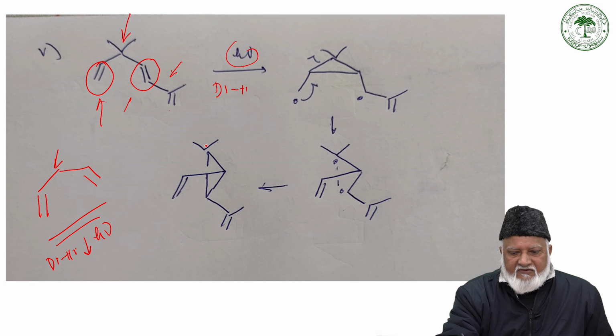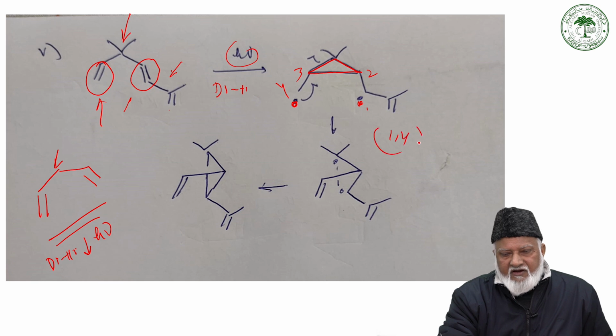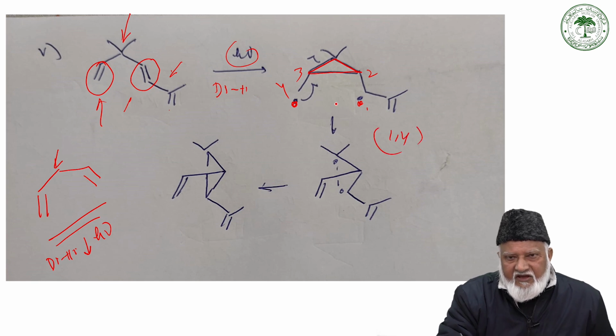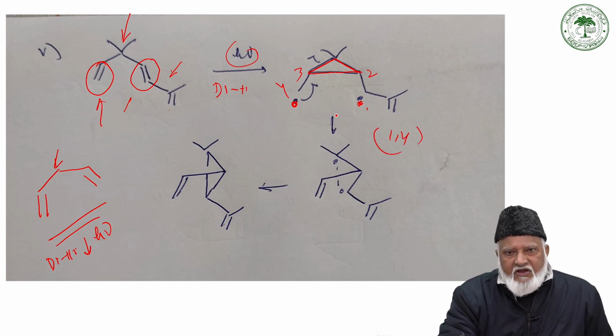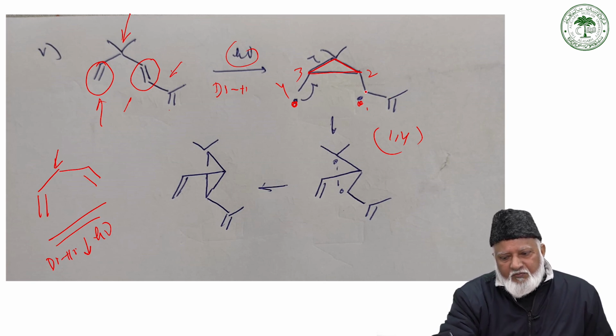So the first step is cyclopropane formation with a 1,4 diradical species. This is the initial step in the di-pi-methane rearrangement: excitation of one double bond followed by formation of cyclopropane. Then again there is a possibility of two products.